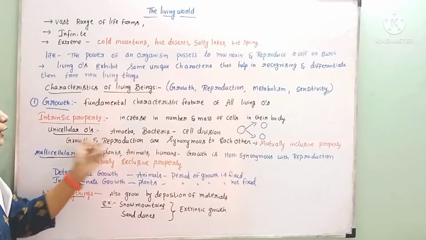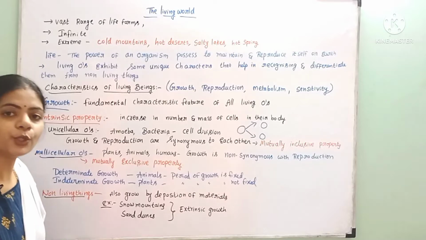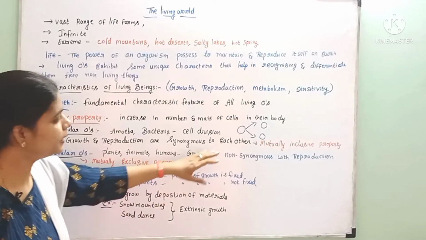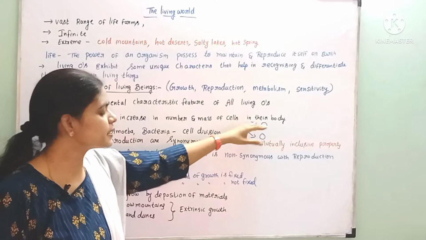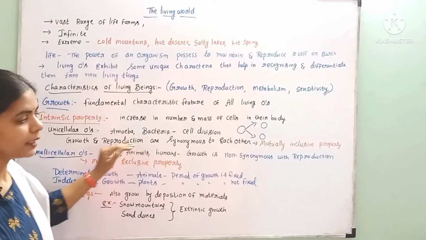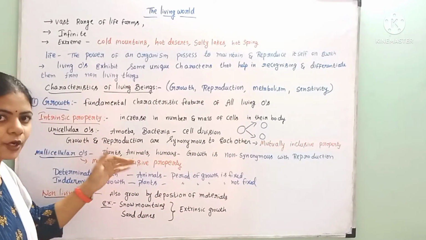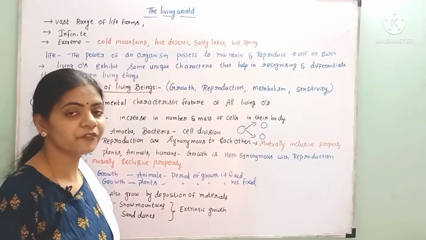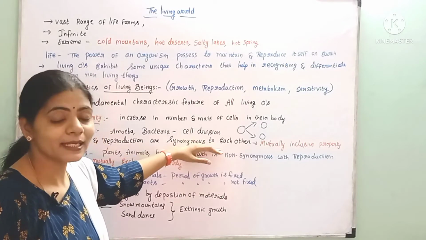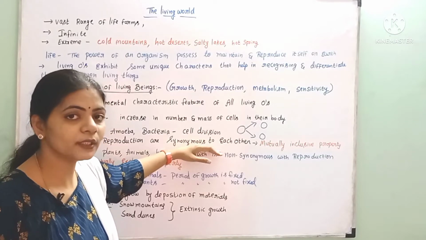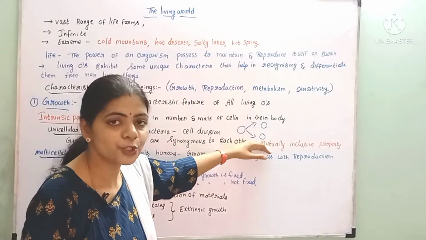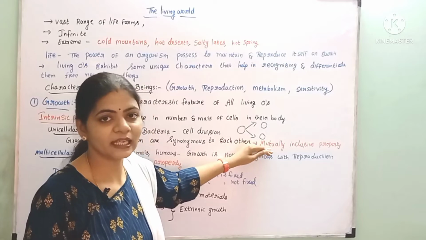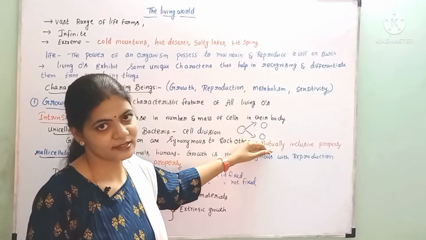Here in unicellular organisms, this division is called reproduction. Both growth and reproduction are synonymous to each other. Hence growth and reproduction are mutually inclusive properties in unicellular organisms.